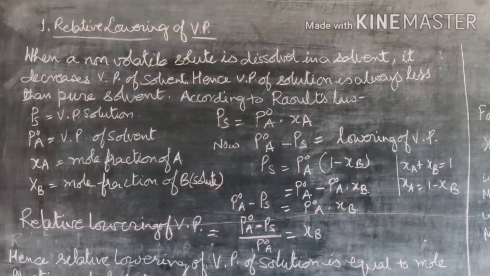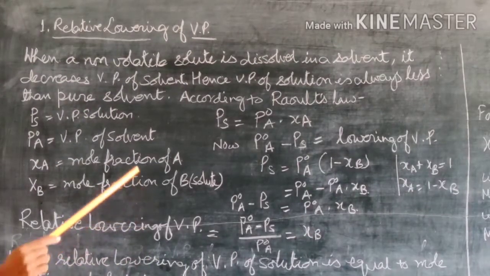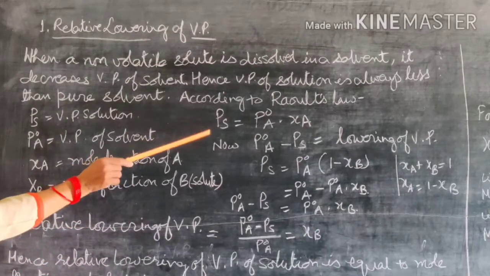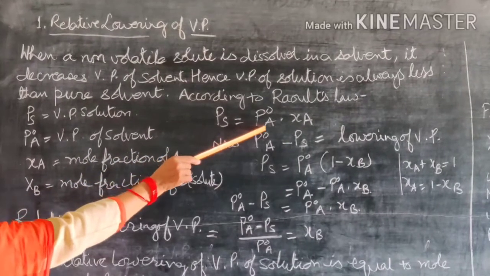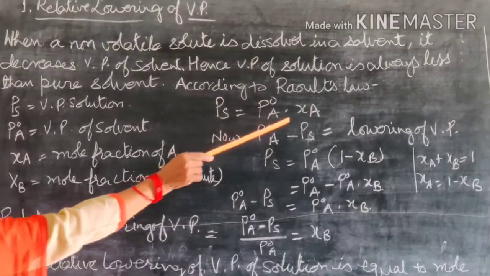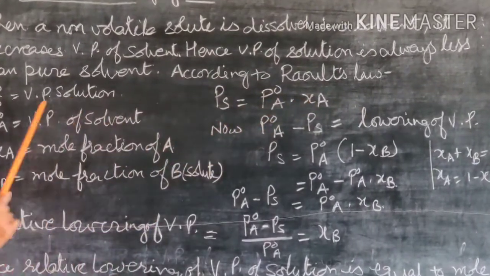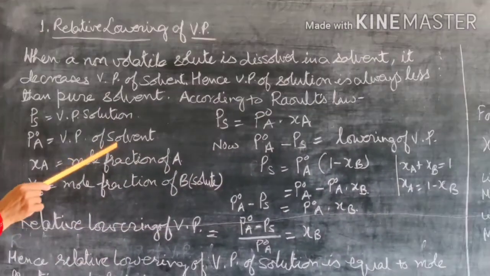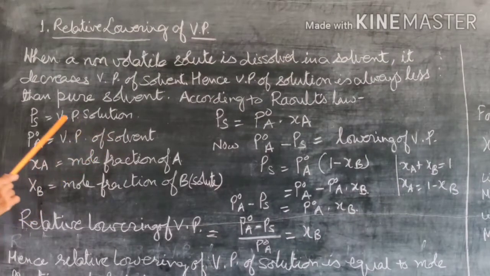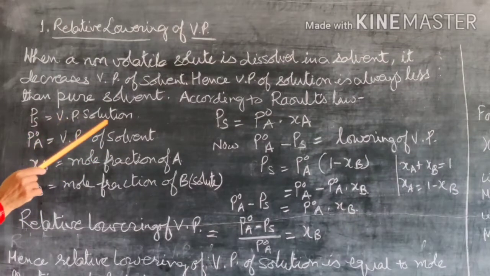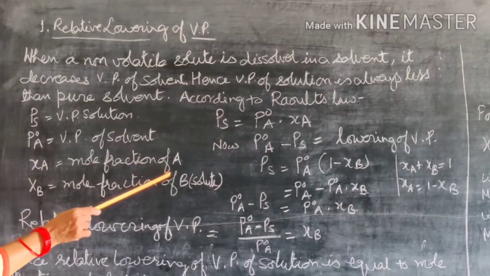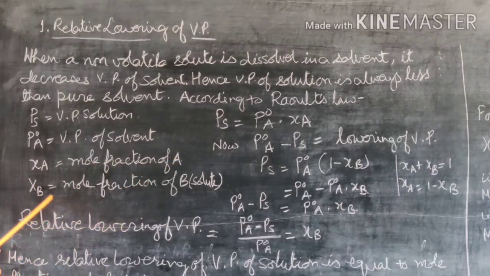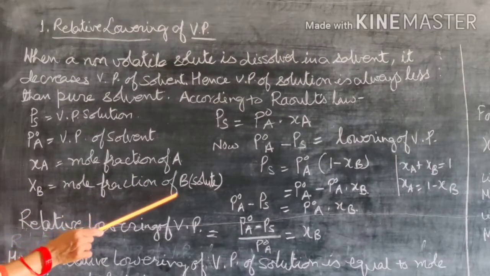Now we'll apply Raoult's law. According to Raoult's law, the vapor pressure of a solution is equal to P0A into Xa, where P0A is the vapor pressure of pure solvent, Ps is the vapor pressure of solution, Xa is the mole fraction of A, that is solvent, and Xb is the mole fraction of B, that is solute.